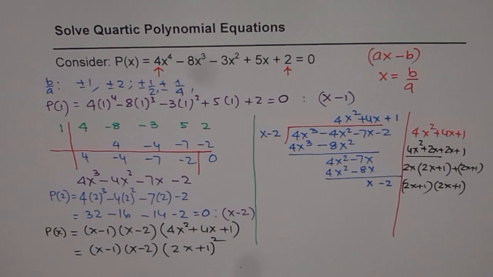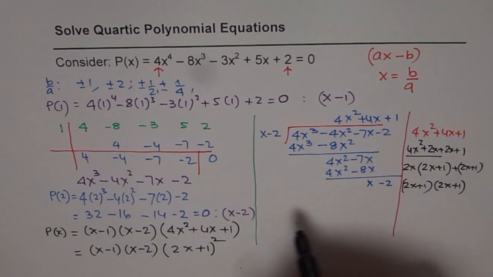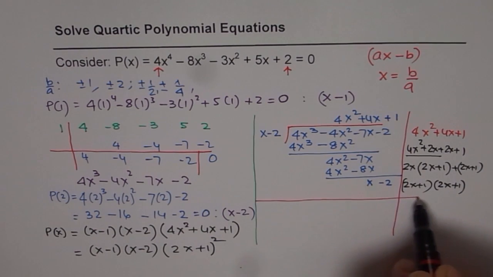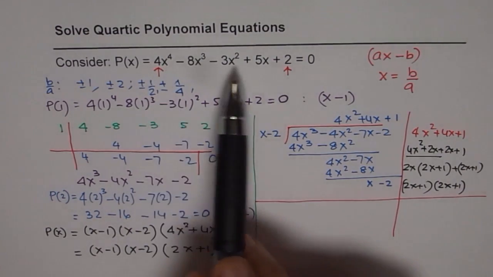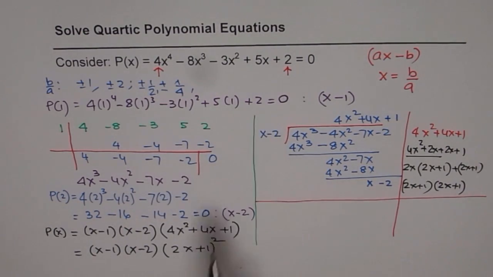So we have learned different techniques of factoring. You could have used the quadratic formula also, or trinomial, perfect square. You could have done that also. So basically the question was, solve the polynomial equation. We started with a degree 4 quartic equation, and we need to find the solution.